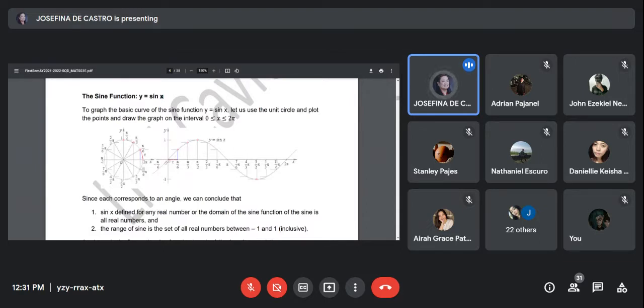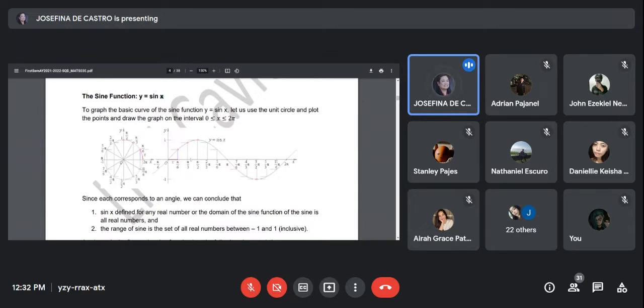So lahat ng values for those angles, nandito lahat yan within the curves. So infinite set of points yan, kaya nabuo yung curve na yan. And lahat ng value ng y natin dyan, y is equal to sine ng bawat angles dyan. Nandyan si sine 1, sine 2, sine 3, sine 30, sine 45, sine 300. Andyan lahat sila.